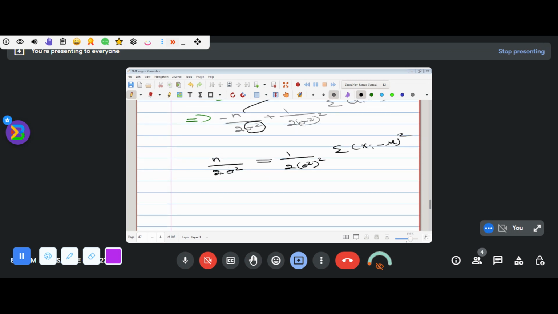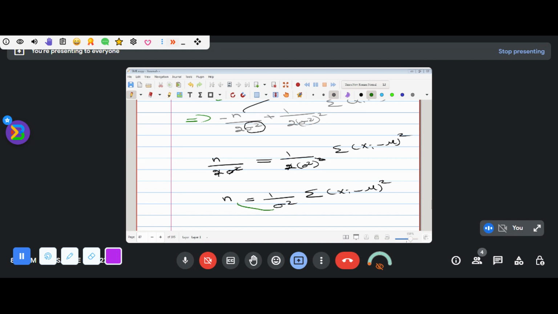The 2 is cancelled, and one sigma squared is cancelled. Then the result is n equals 1 divided by sigma square, summation xi minus mu the whole square.